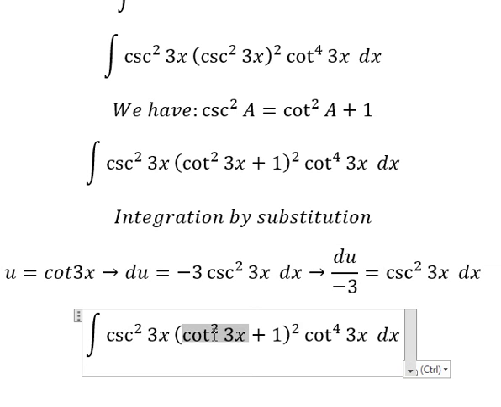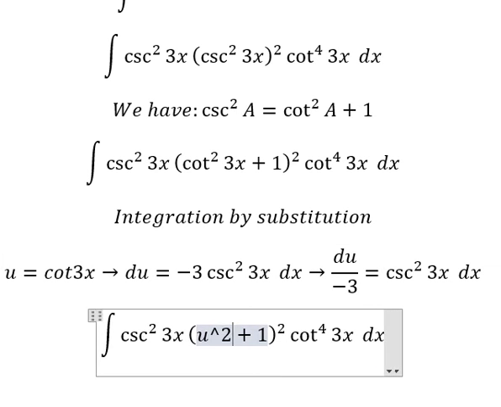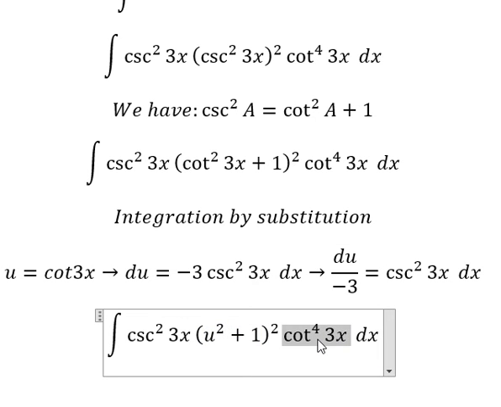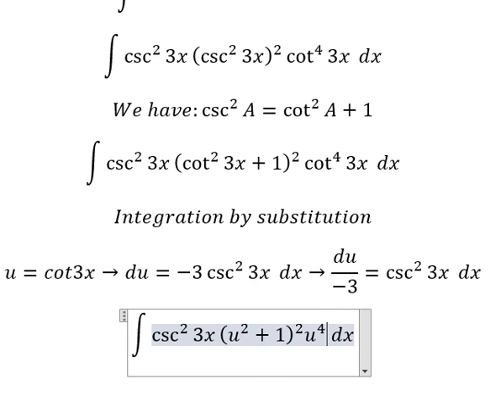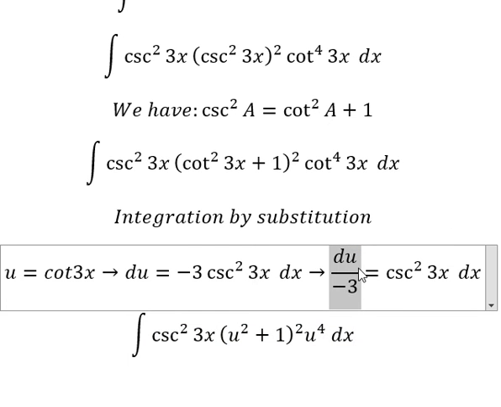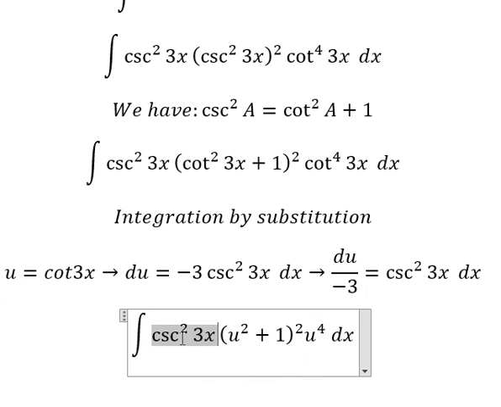So this one we change for u. This one we change for u. This one with the s we change for the u over negative number 3.